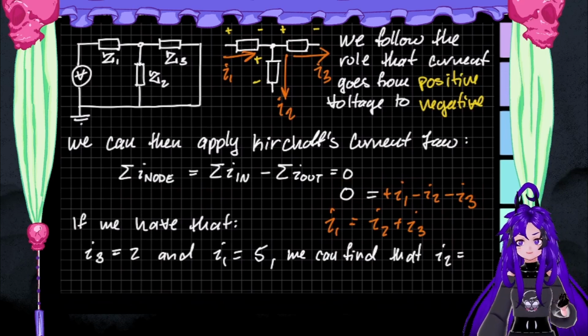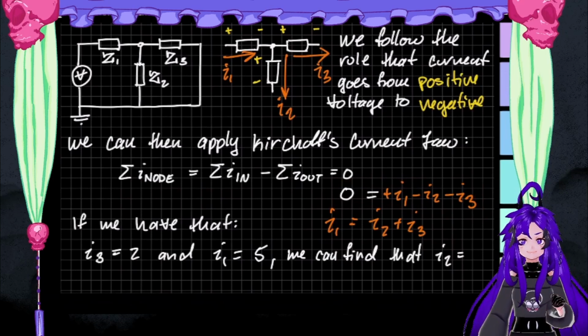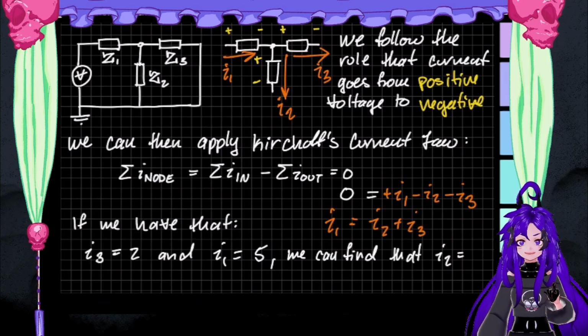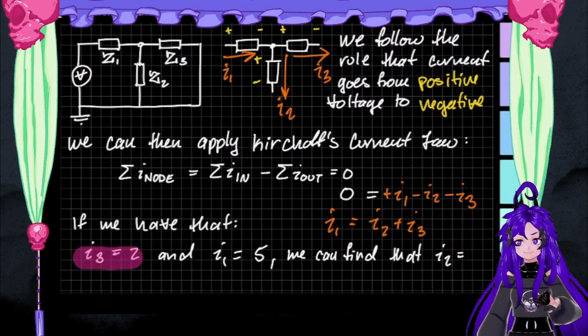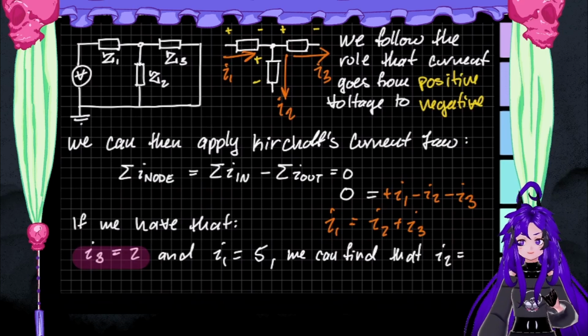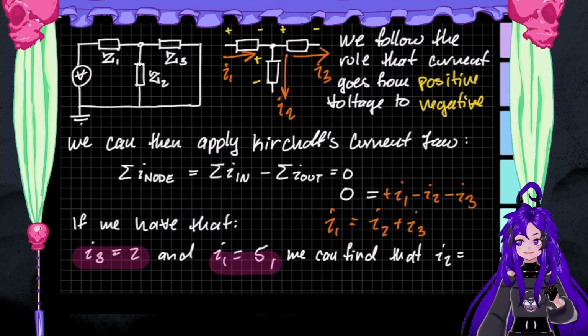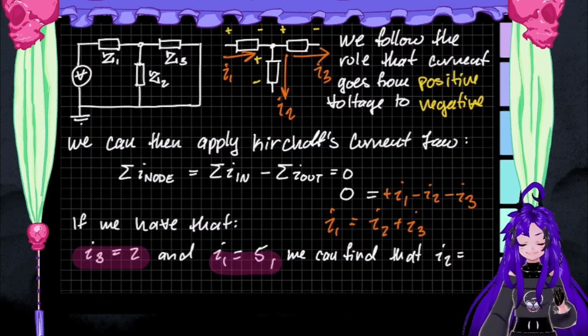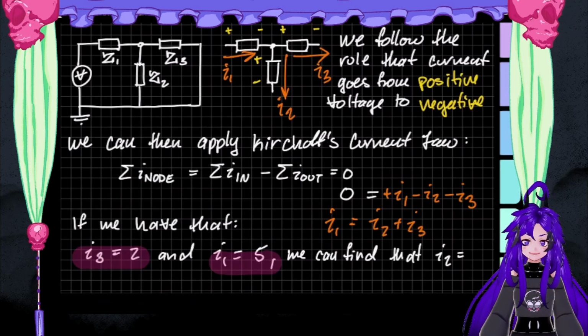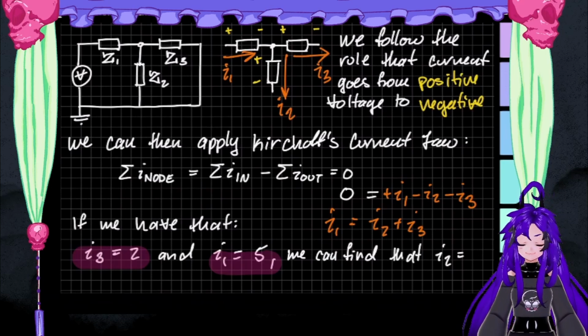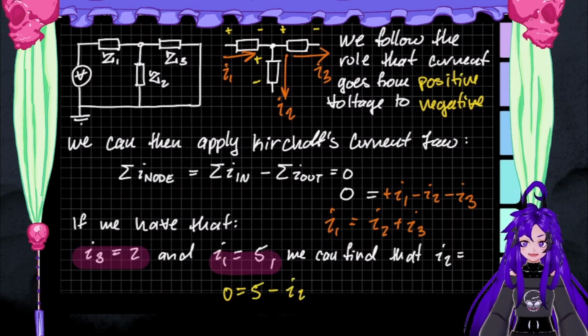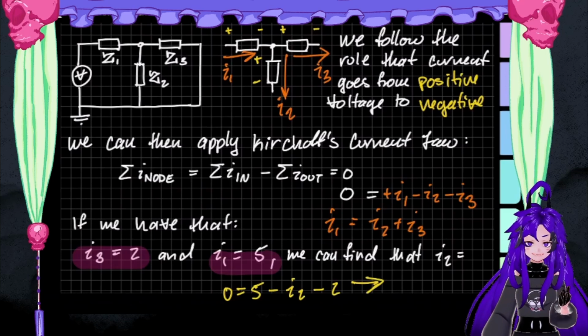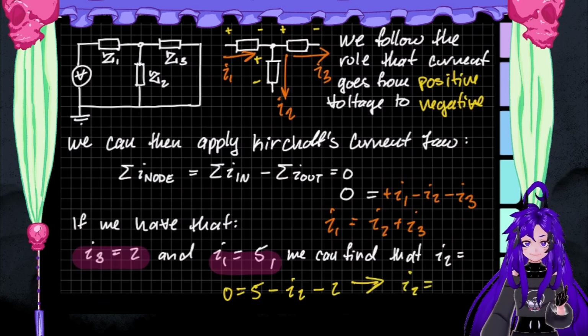So if we were to assign values to some of these currents, if we were to say make I3 equal to 2 amps and I1 equal to 5 amps, then we could just back solve, right? We can just say that 0 equals 5 minus I2 minus 2, and we can go ahead and get I2 equals 3, right?